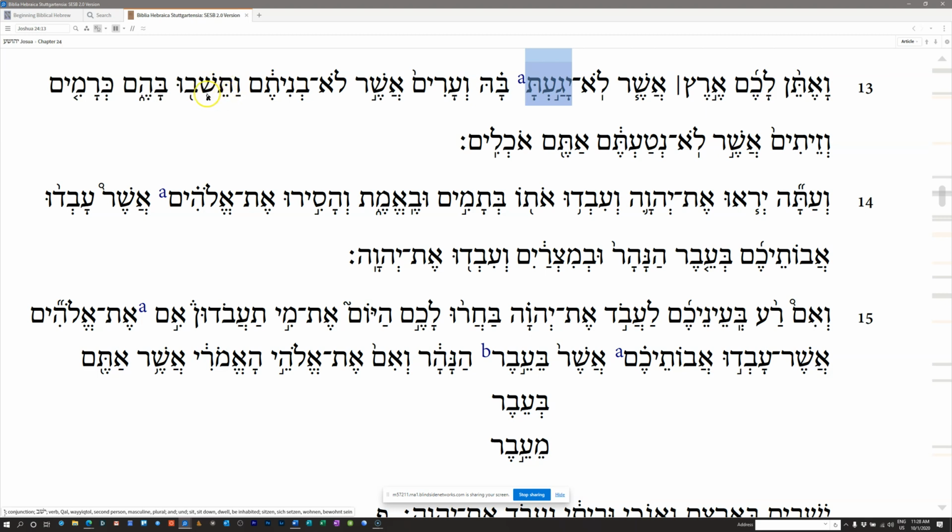This would be the sere pattern. This is from Yeshav, the one yod vav. Okay? So Teshvu would be masculine plural second person. Yeshav is dwell. So cities which you did not build and dwell in them.